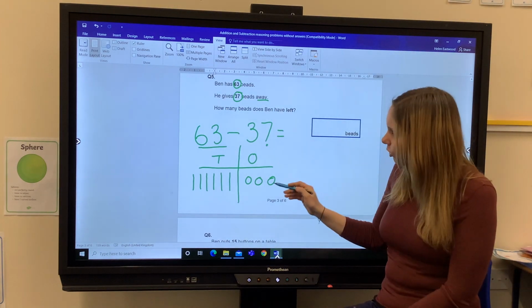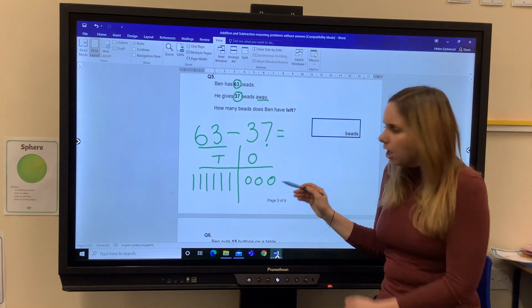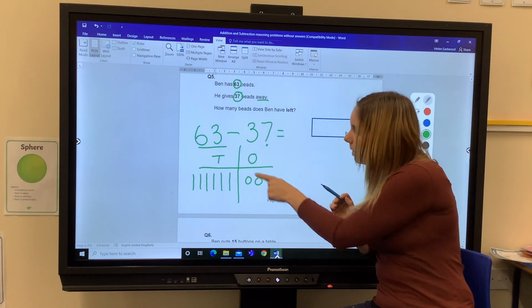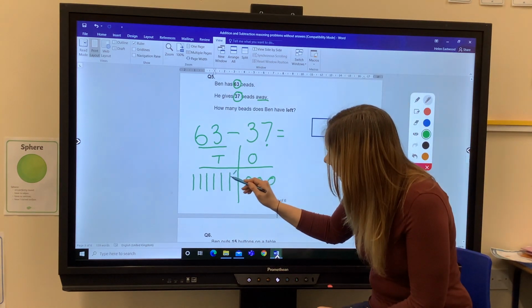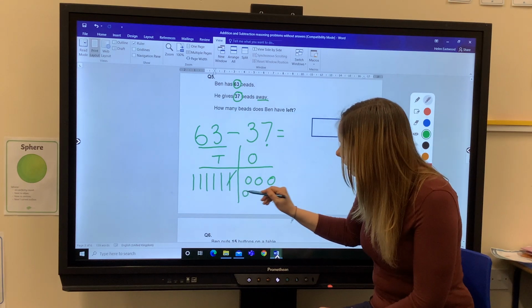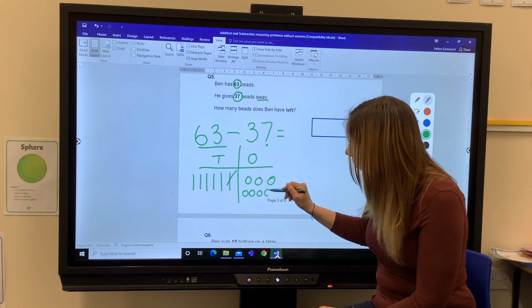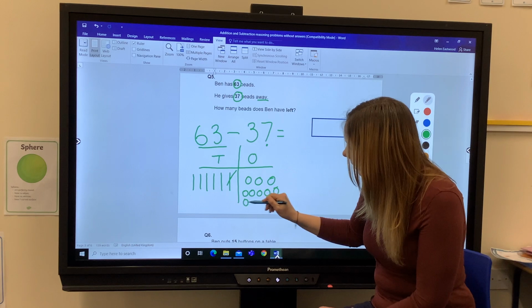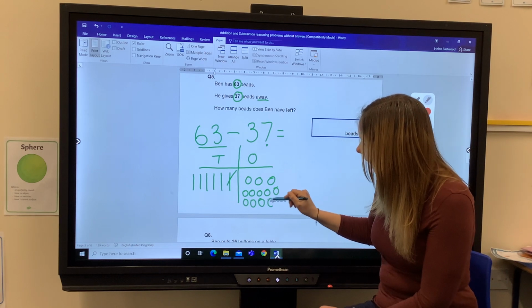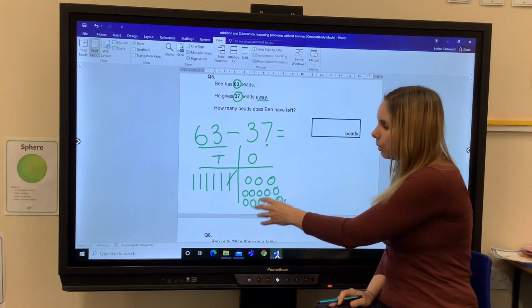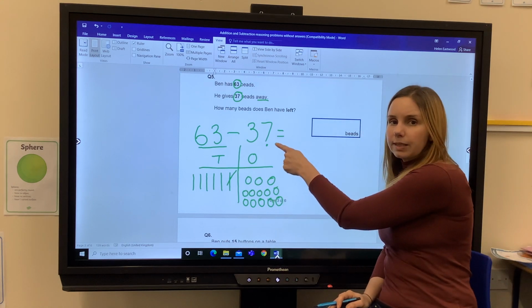Always do the 1s first. Do we have 7 1s to take away? Not in the 1 column, but we can break this 10 down. 1, 2, 3, 4, 5, 6, 7, 8, 9, 10. Can break the 10, so now I can subtract the 7.